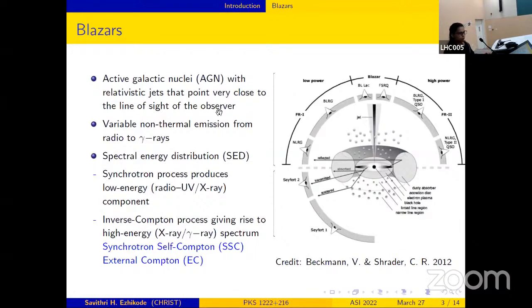This low energy component usually arises due to the synchrotron radiation produced inside the jet, whereas the high energy part of the SED is produced by the inverse Compton scattering process, which can be either synchrotron self-Comptonization or an external Compton scenario. In the external Compton scenario, the seed photons for inverse Comptonization can arise from either the accretion disk, or the BLR, or the torus regions.